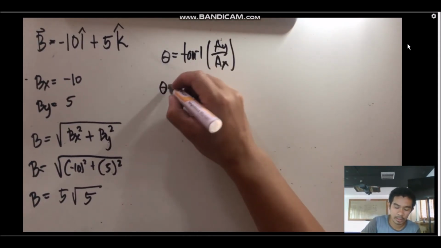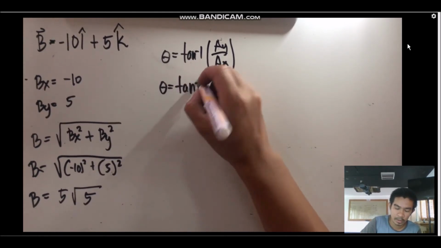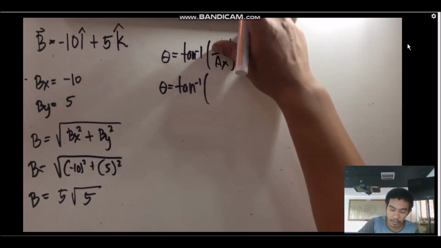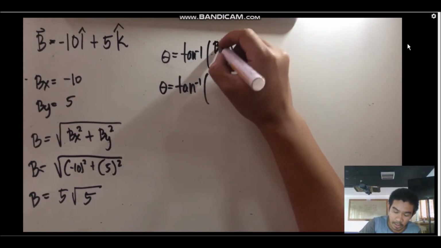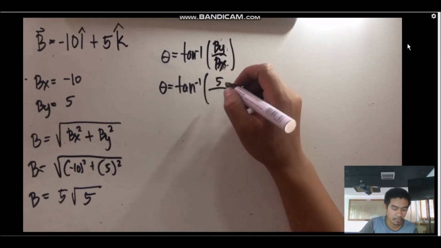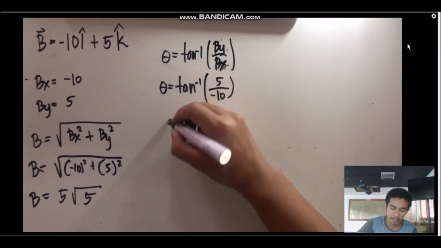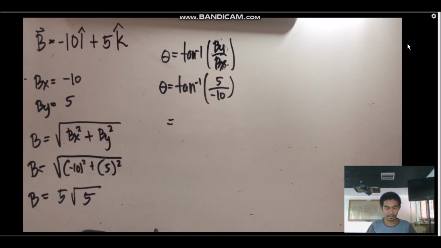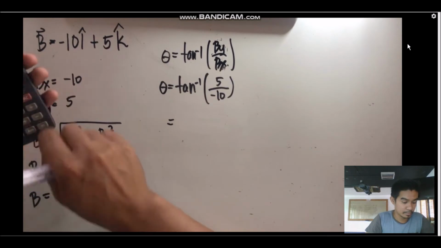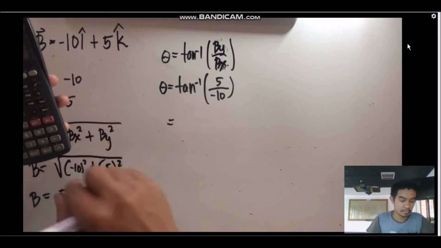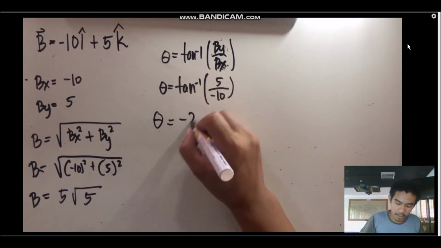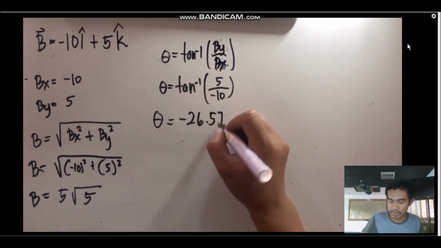We have vector B, so this is by over bx. What's by? 5 over negative 10, which is approximately negative 26.57 degrees.